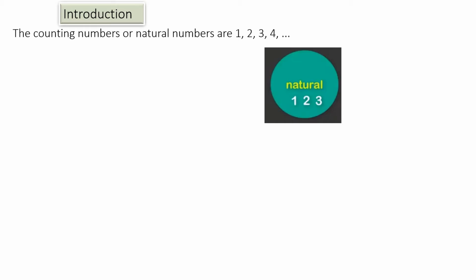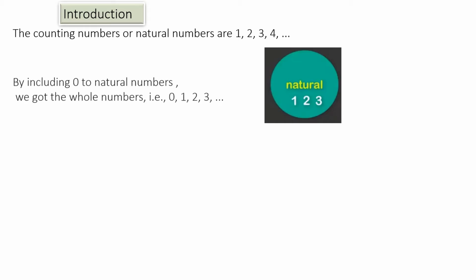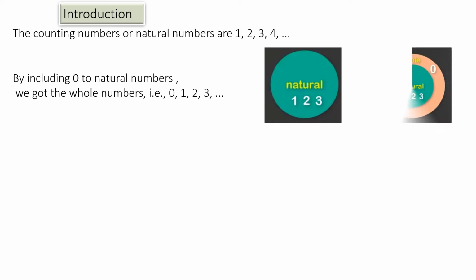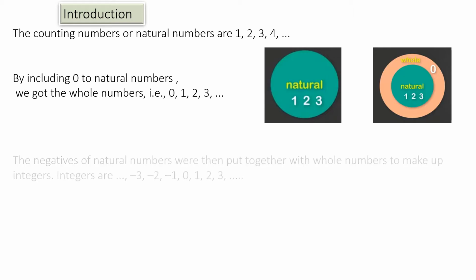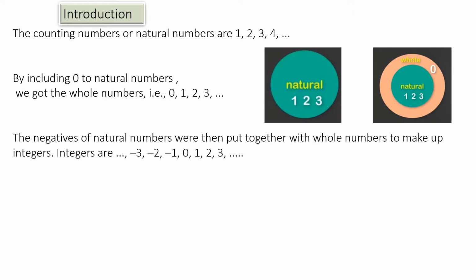By including 0 to these natural numbers, we will get another set of numbers. That set of numbers is called whole numbers. That is 0, 1, 2, 3, etc. The negatives of natural numbers were then put together with the whole numbers to make up integers.